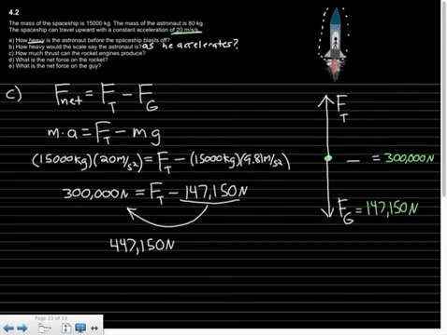So that's how much the engine is pushing up with. Okay, that's how much is going up, but gravity is taking away 147,150 newtons of it, leaving 300,000 newtons left to go. Any questions on that?